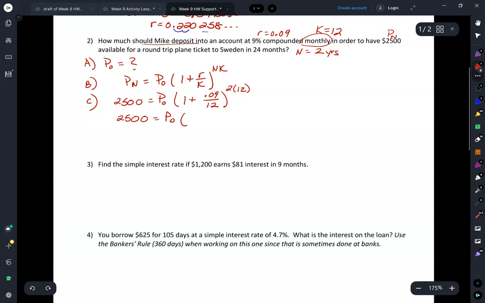So the way I'm going to type this into my calculator, I'm going to actually start with the 0.09 divided by 12 and hit enter, and I get 0.0075. Then I'm going to add 1, and I'll get 1.0075, and I'm going to raise that up to, I could just type in 24.